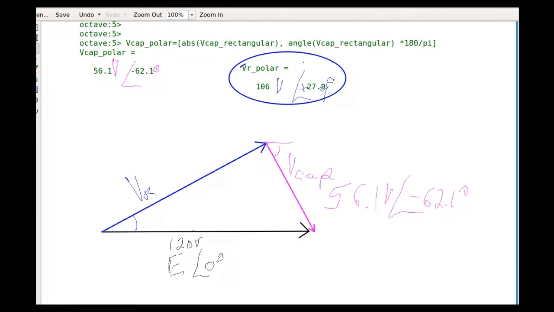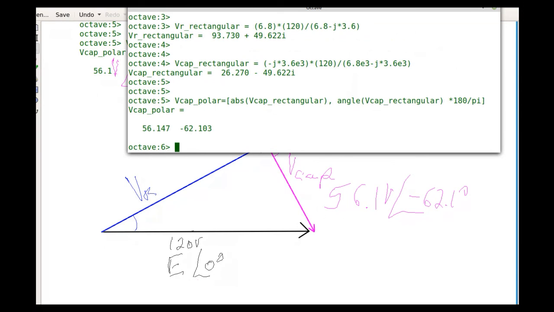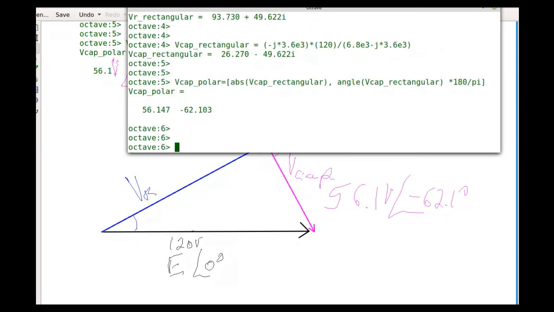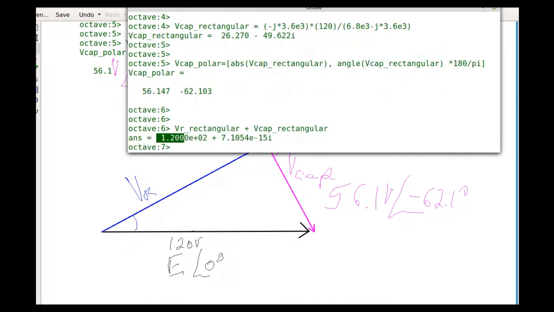Yeah. All right. And we can also do that over here. I can take VR rectangular plus V cap rectangular, add these two together, and I'm back to 120 volts.